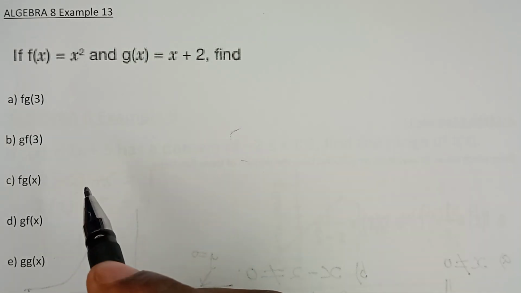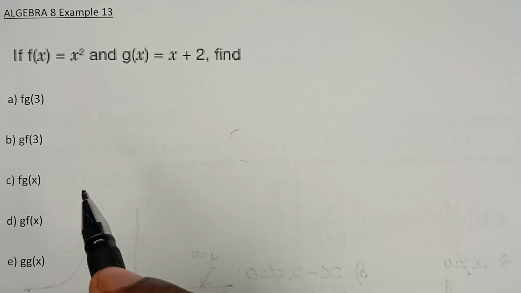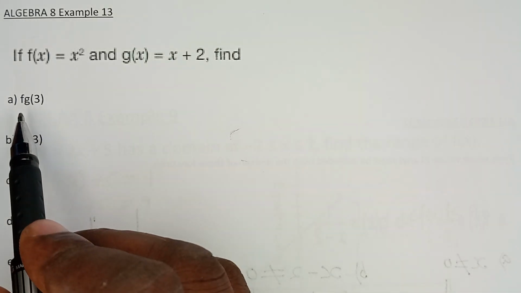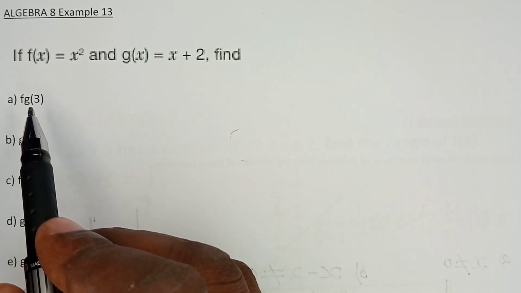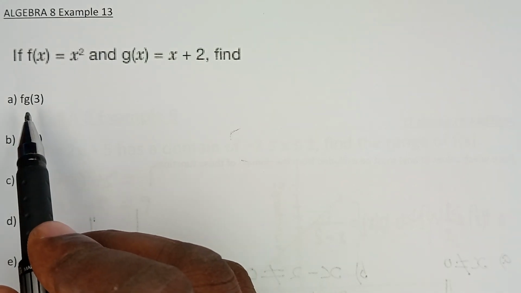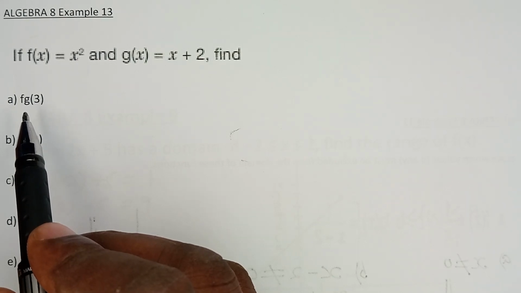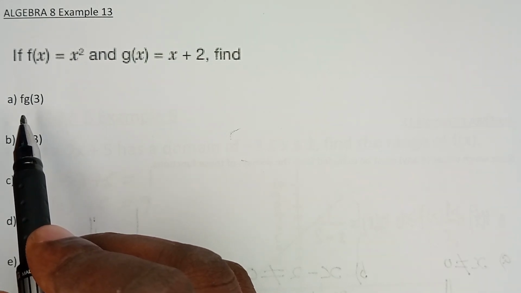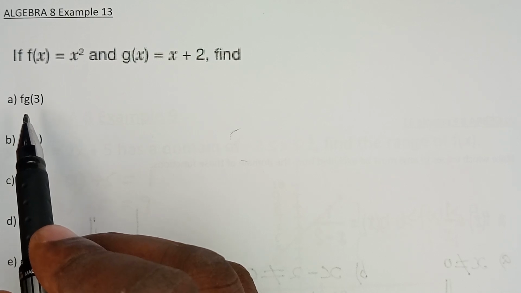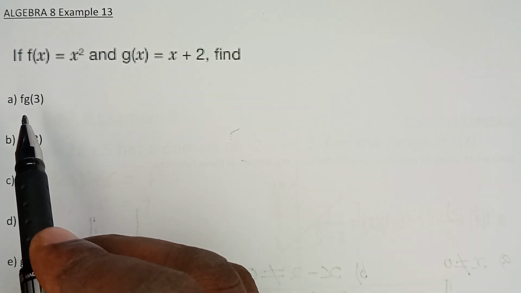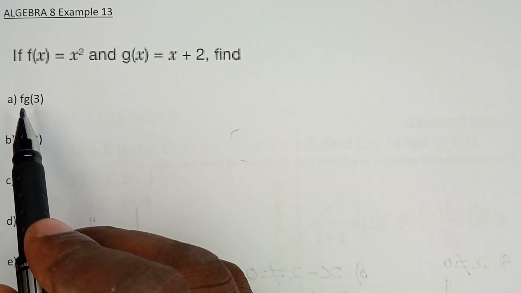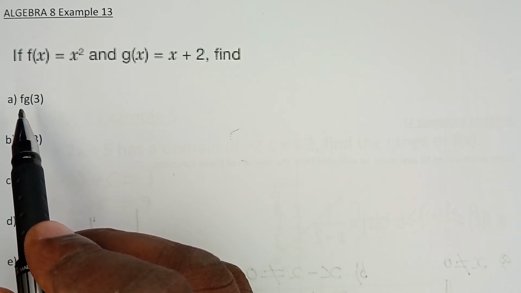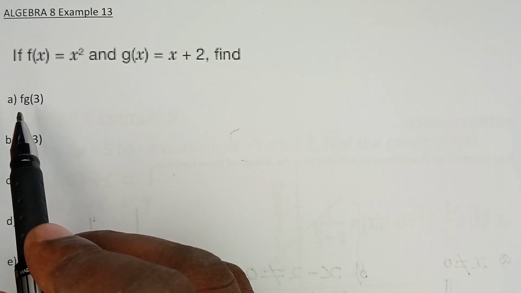When a composite function is written in the form fg(3), we first perform g(3) and then followed by the function f. The g(3) function has its own range. The range of the inner function becomes the domain of the outer function. And this is the knowledge we are going to use in explaining this example.